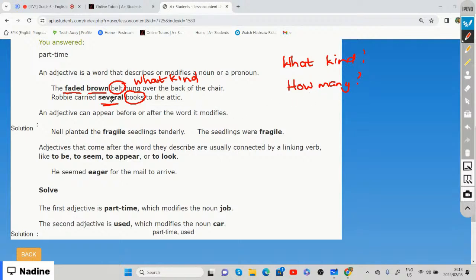He carried several books. Instead of saying he carried 5 books, 10 books, 20 books, 2 books, we can just say carried several books, or he carried lots of books, right? So that basically tells us how many.